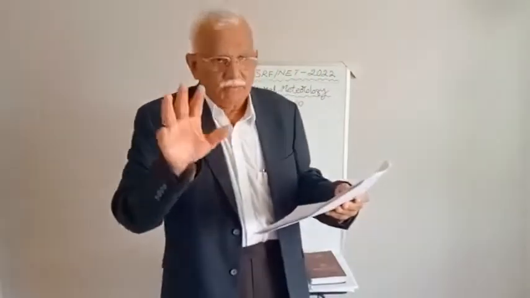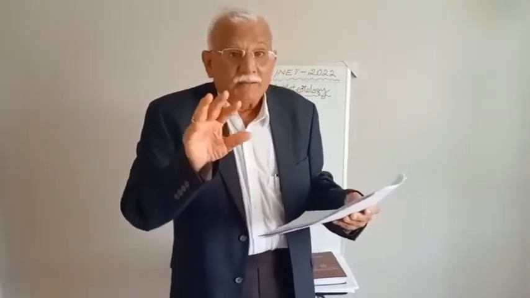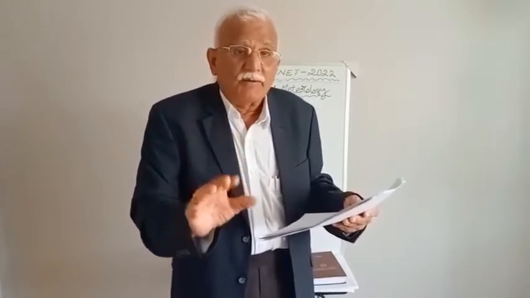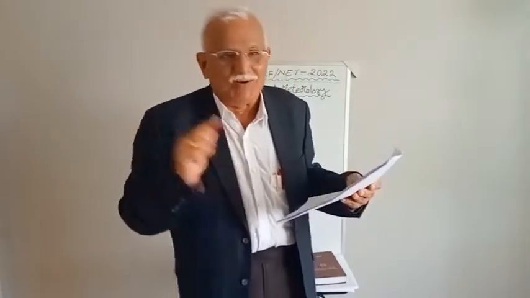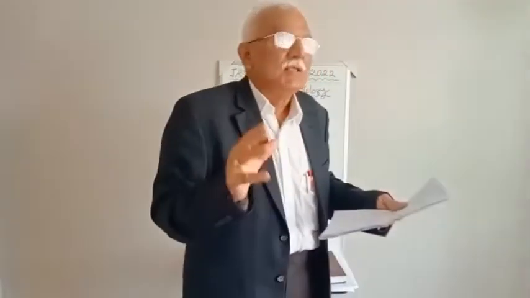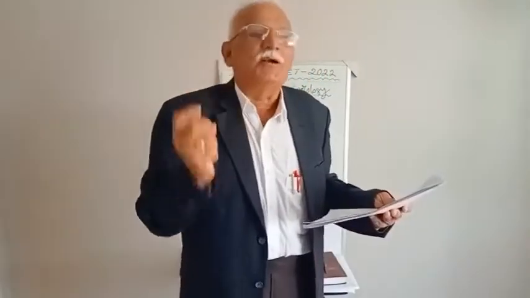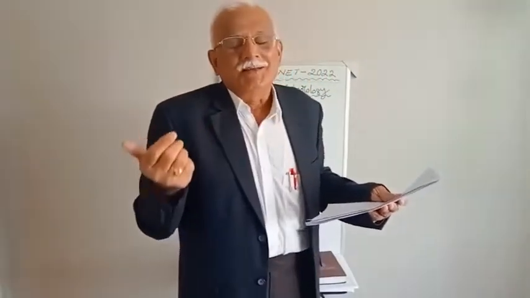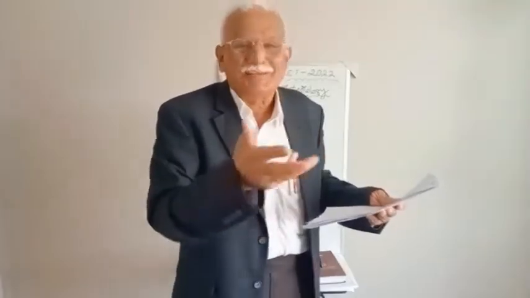The environment can also be divided into micro environment and macro environment. What is micro environment? This is the immediate surrounding of an organism. If you take a cropped field, what is microclimate? The climate of a cropped field we call a microclimate.